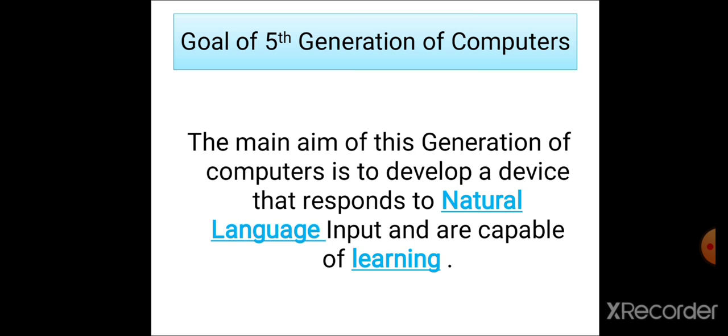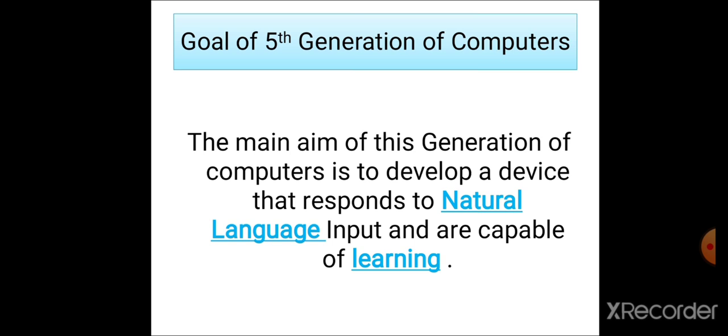The main aim or goal of the fifth generation of computers is to develop a device that responds to natural language or natural input and is capable of learning. Suppose let us consider Alexa. When you give an input through voice, it can recognize your voice.